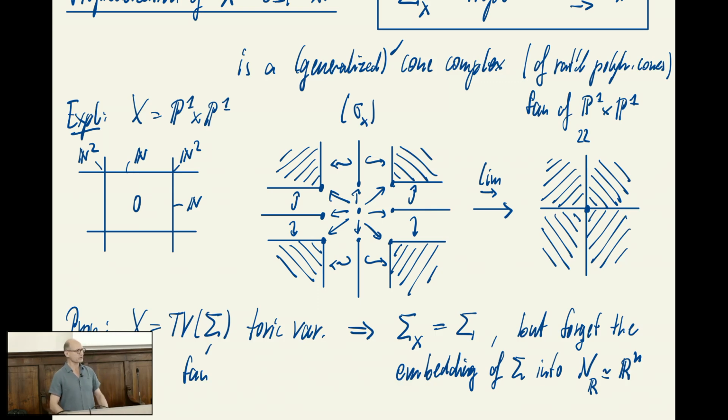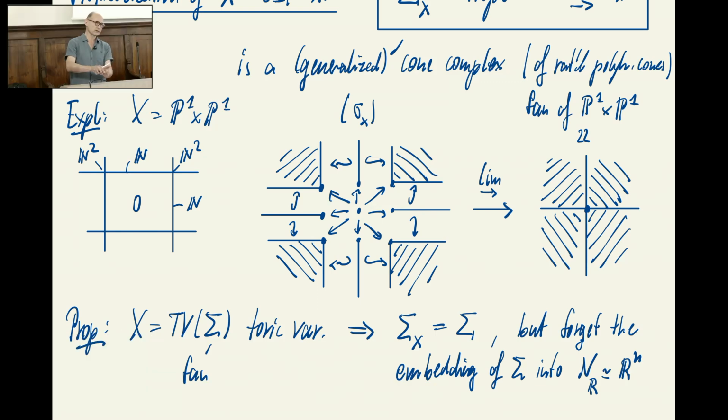I haven't talked about this, but many people in the room will know it. To glue toric varieties globally, you don't just do one cone, but you have to match the cones, and that's done by the notion of fan. It just means you have a face-fitting collection of cones in some vector space with underlying lattice. This is what I wrote N. So if sigma is a fan, and you take the toric variety for this fan, then the tropicalization of it is just sigma.